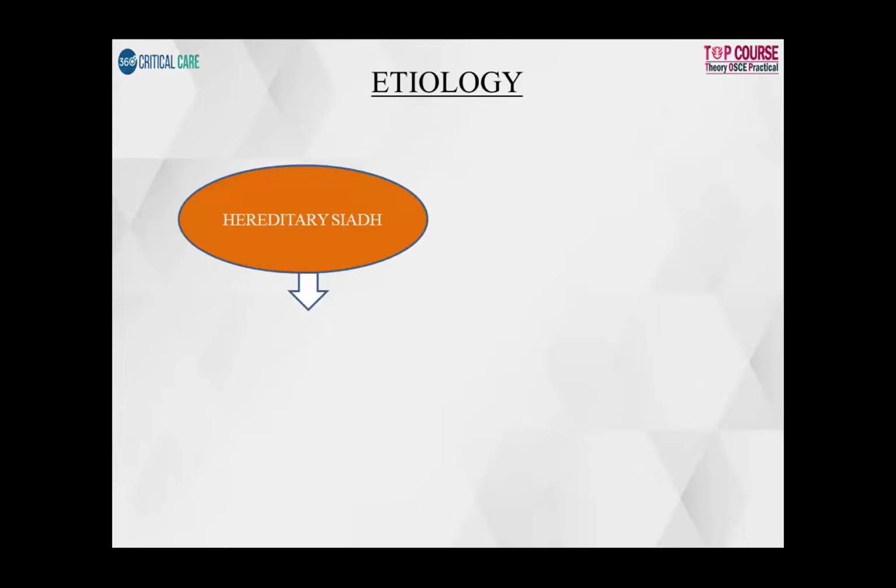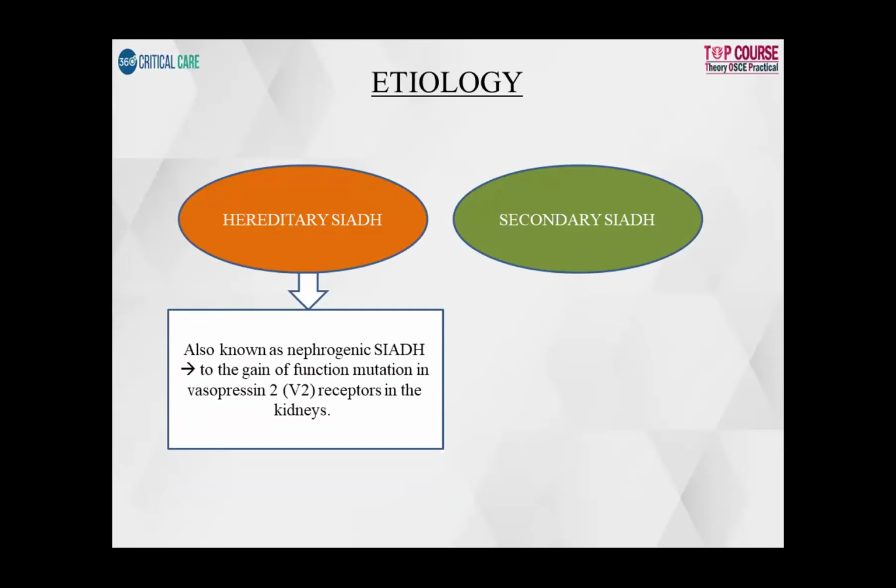So coming to the causes. SIADH could be due to hereditary causes or it could be due to some secondary causes. Hereditary SIADH is also known as nephrogenic SIADH, and this occurs due to a functional mutation in the vasopressin 2 receptors which are present on the kidneys.